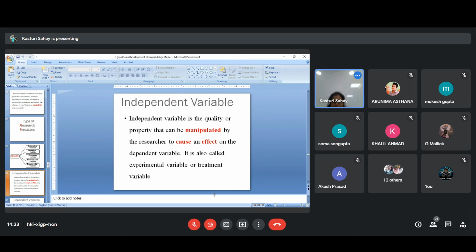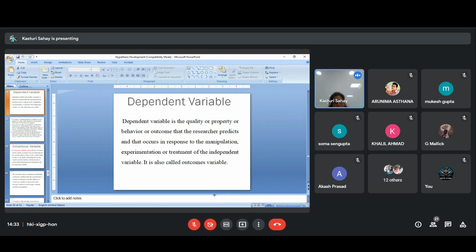All right? Dependent variable, you cannot do anything with it. It is simply an outcome of the treatments which you have done on the independent variable. Whatever manipulations you have done, whatever treatments you have done with your independent variable, you will get the outcome as your dependent variable.